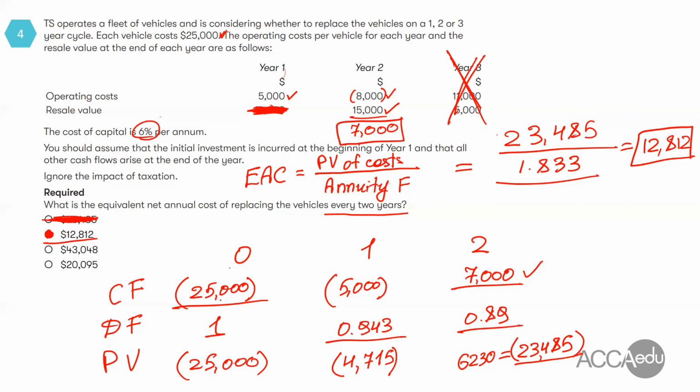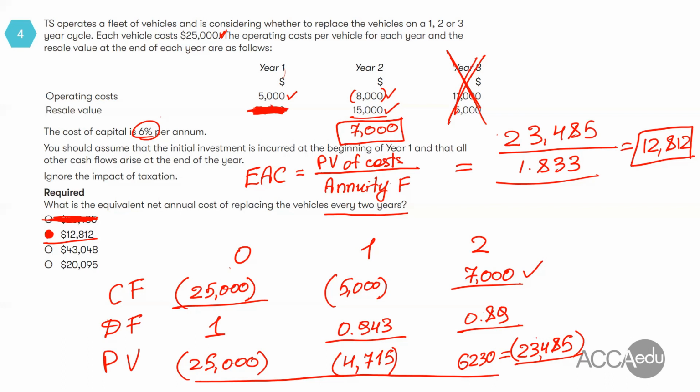When we multiply the cash flows by the respective discount factors, we come up with the following values. And the overall present value is going to be 23,485. But this is not the equivalent annual cost. This is the cost for 2 years.